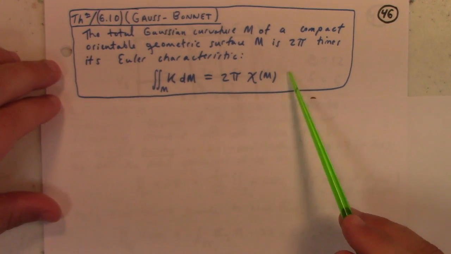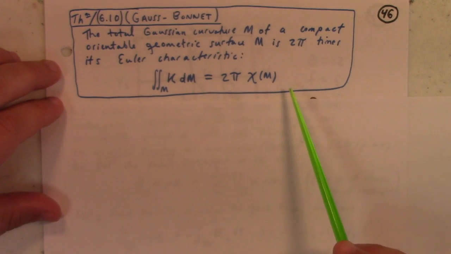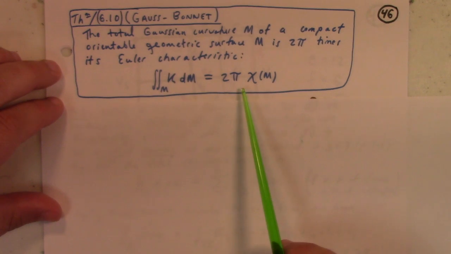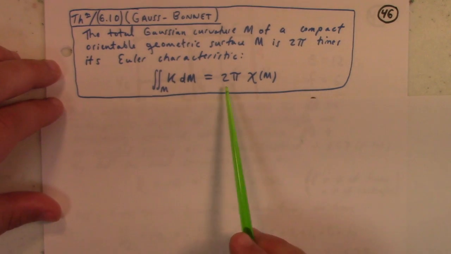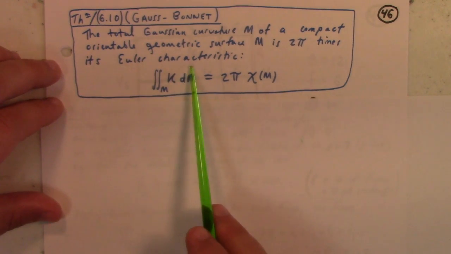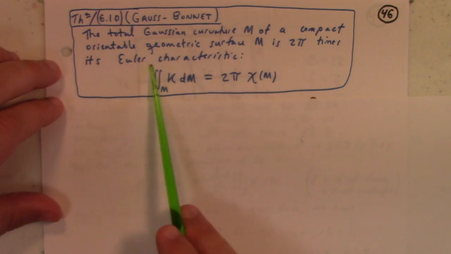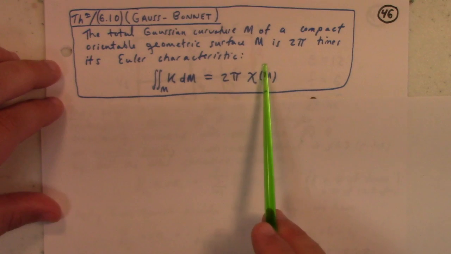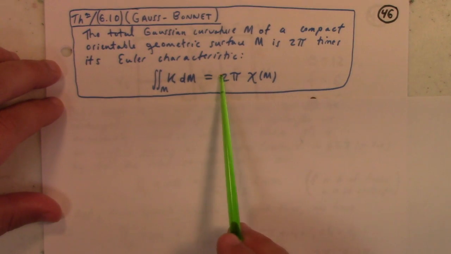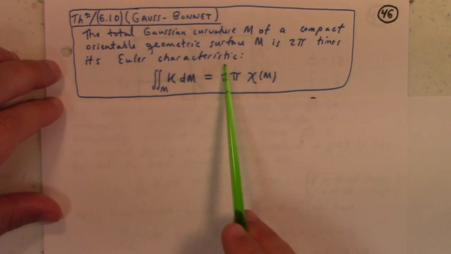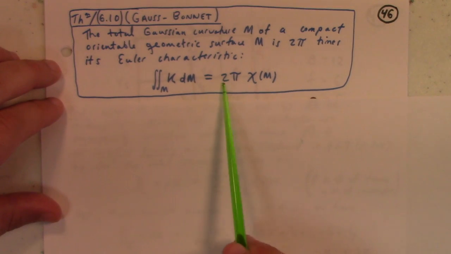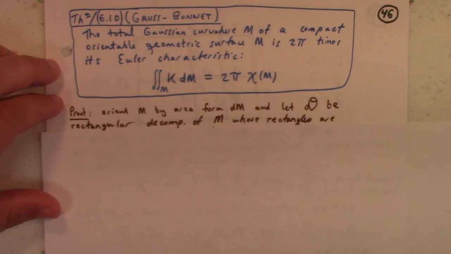It's the Euler characteristic, right? This is a really beautiful result because it links the totally geometric quantity of the total Gaussian curvature of the surface to this intrinsically topological invariant of the Euler characteristic. So here we have worlds colliding, as it were. All right.